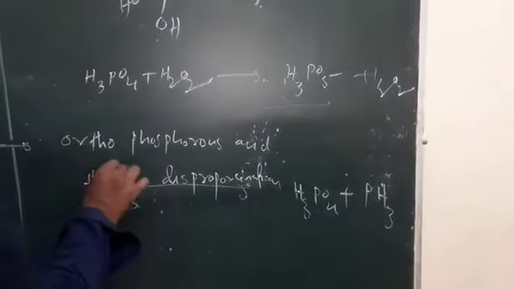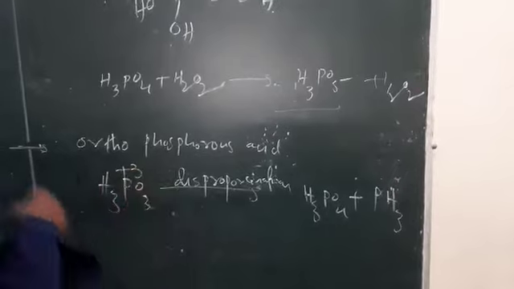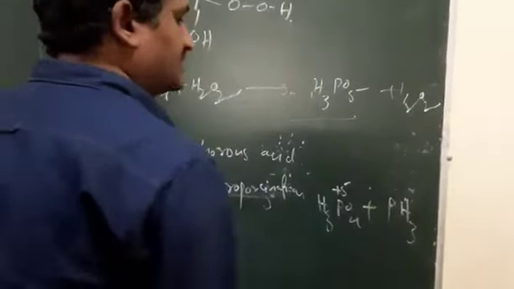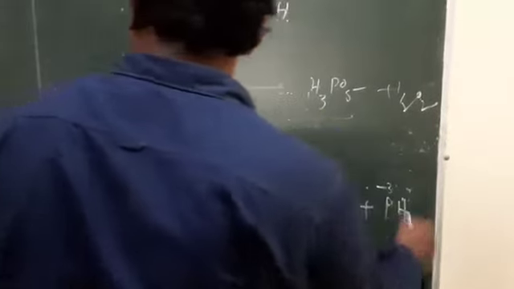Here phosphorus is +3, in H3PO4 it is +5, and in phosphine it is -3.